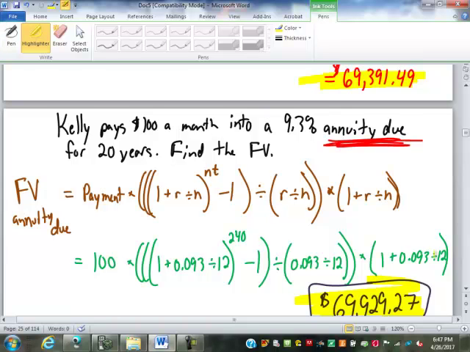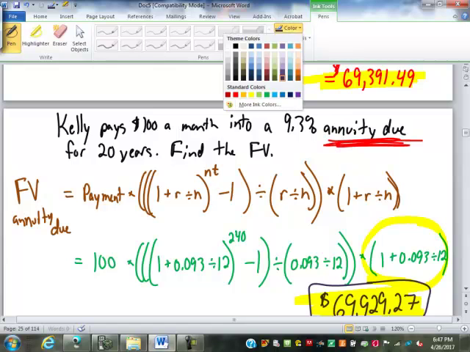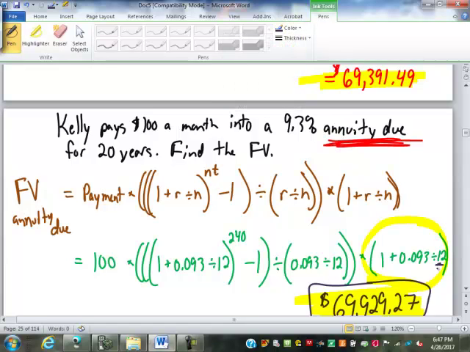And the reason is because in the annuity due, the payments are made at the beginning of the month. So at the end, there's one extra month's worth of interest. All this little thing that gets put on the end here is just figuring 1 month's worth of interest. That's all it is. Compounding the interest for 1 more month, 1 more period. You want to divide by 12 because it's only a 12th of a year, it's 1 month instead of a full year. Okay.